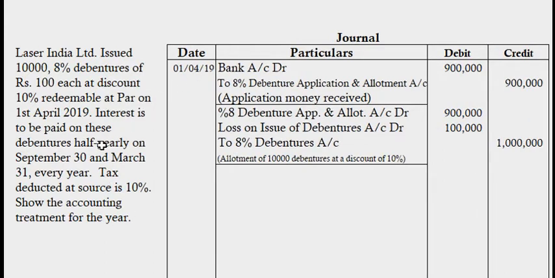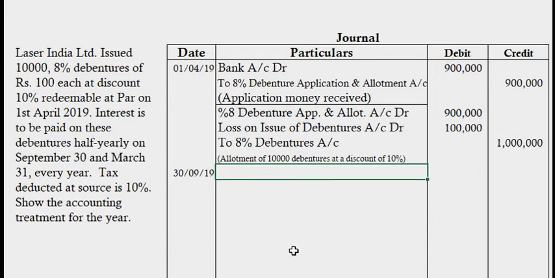Interest to be paid on these debentures half yearly on September 30 and March 31st every year. So on 30th September 2019, the interest will become due.